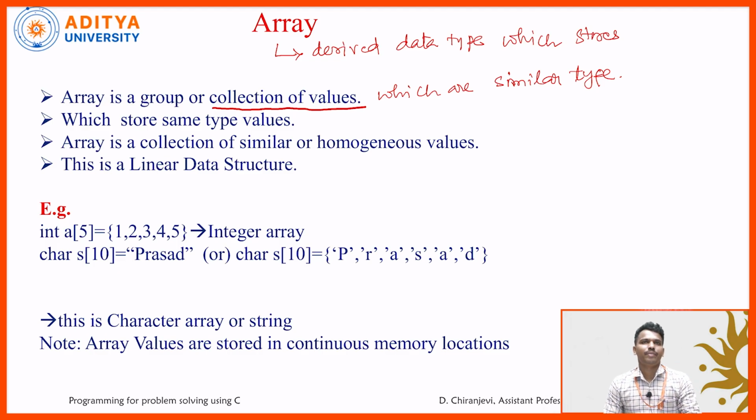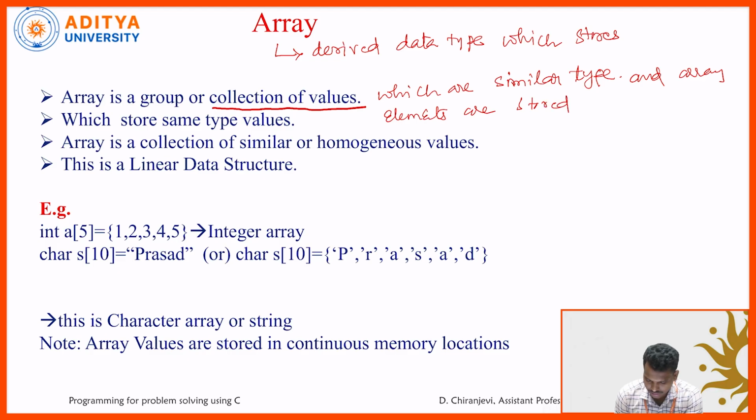So all the elements of the array are of similar type, right? And array elements are stored in contiguous memory locations.